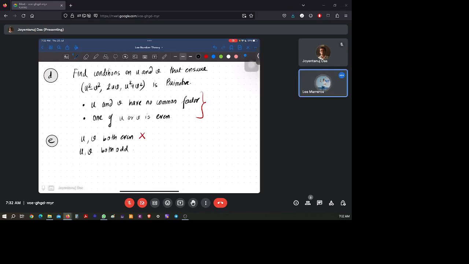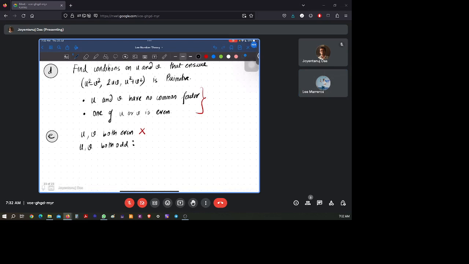If they are both odd, then we can write u equal to 2m plus 1, and v equal to 2n plus 1.